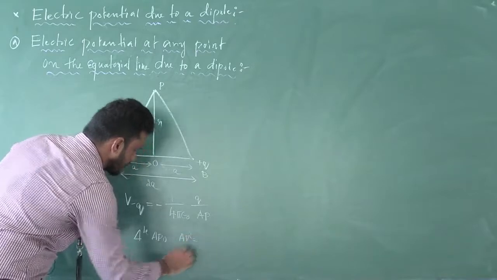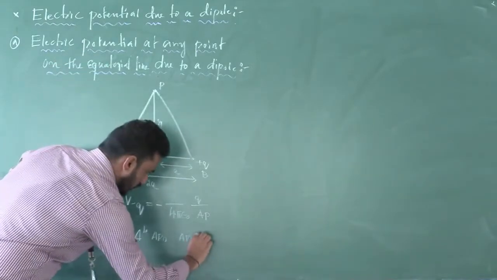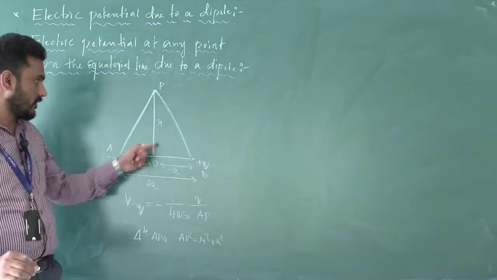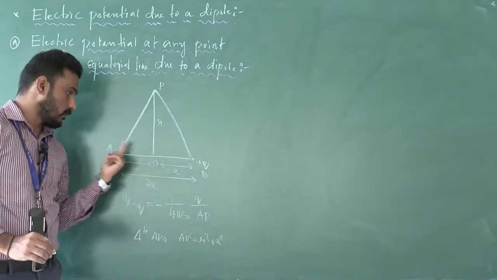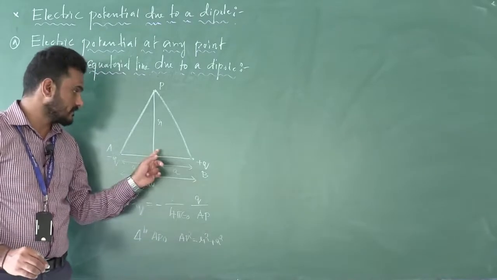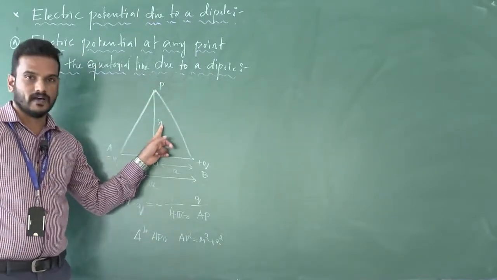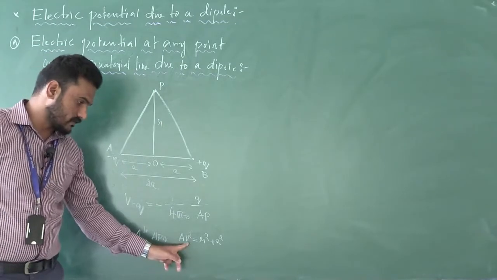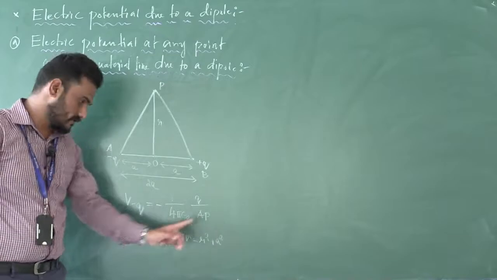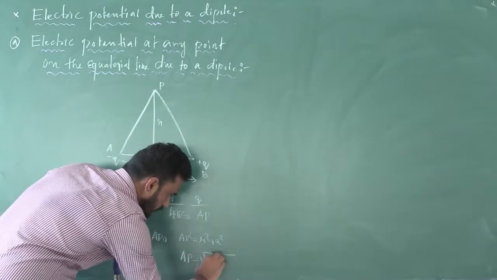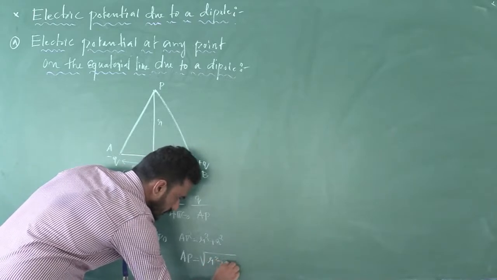AP square is equal to r square plus a square. Directly I am writing this, instead of writing OP square plus OA square, because OP square is nothing but r square, and OA square is nothing but a square. So AP square is equal to r square plus a square. Then AP will be equal to root of r square plus a square.